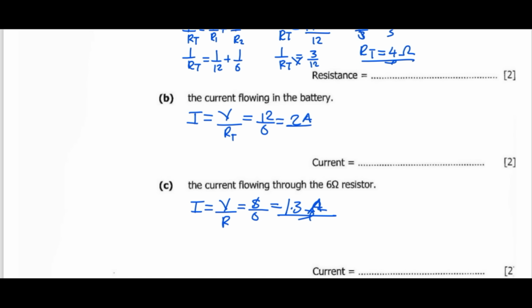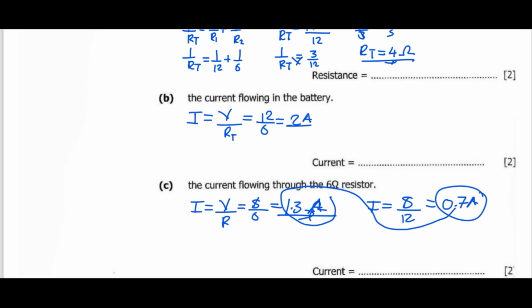But we can also find the same 0.7: current is equal to 8 over 12. What is 8 divided by 12? It's 0.66, which, if we round off, is 0.7. If we add these two, they must give us the total current according to Kirchhoff's loop law.